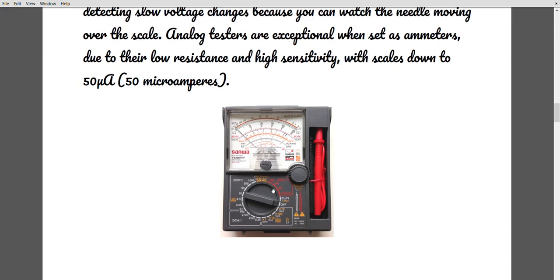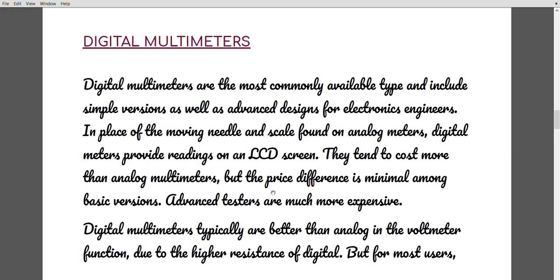Okay, then let's see the digital multimeters. Digital multimeters are the most commonly available type and include simple versions as well as advanced designs for electronics engineers. In place of the moving needle and scale in analog multimeters, digital meters provide readings on an LCD screen.